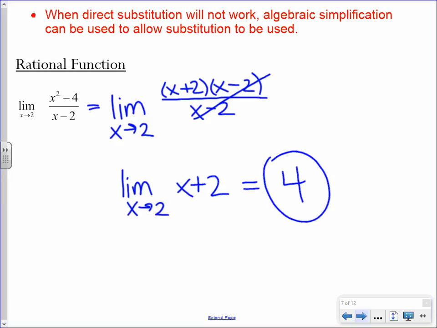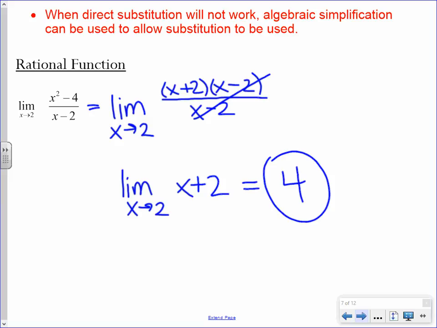A couple of things I want to say about this problem. First of all, I wrote the limit as x approaches 2 every single step until I actually plugged in 2. Every single time you need to write that limit until you actually plug that c value in. It may drive you nuts, but until you actually evaluate that limit, that limit notation needs to be there.